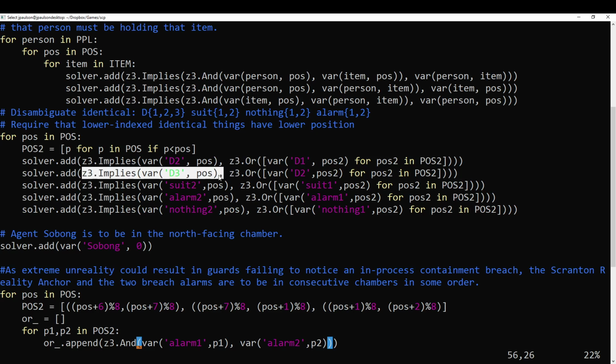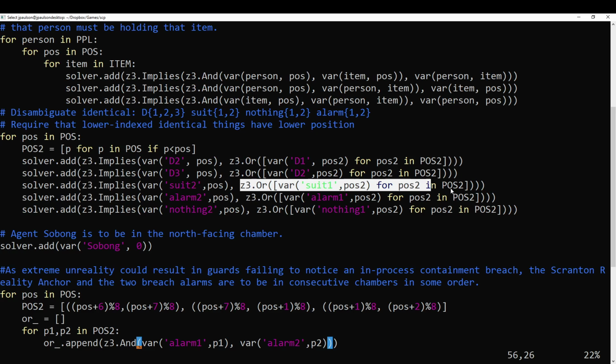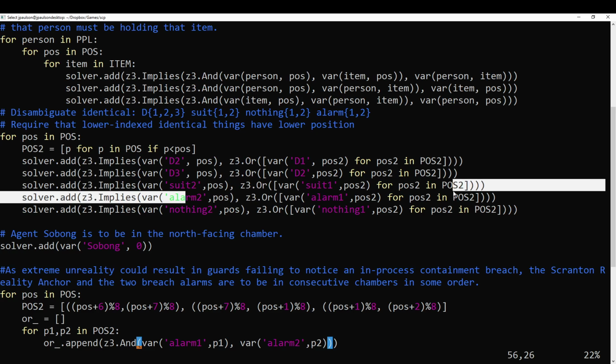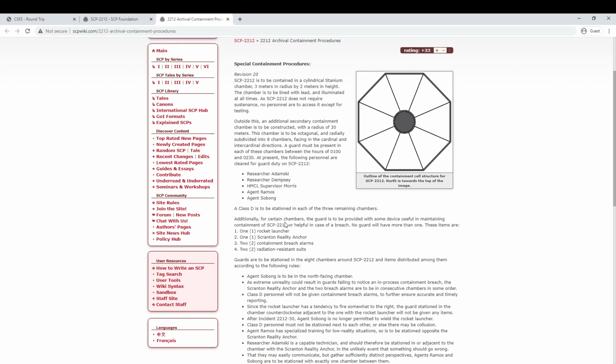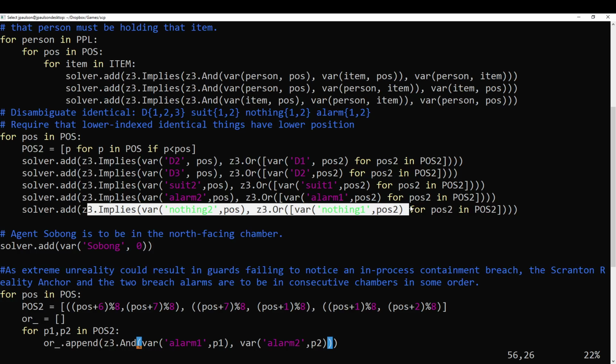If D3 is at some position, D2 must be at one of the smaller positions. Suit 2 is at some position, suit 1 must be at a smaller one, same thing for alarm. There's only 6 items, so 2 people are holding nothing. So these 2 nothing items also need to be disambiguated.